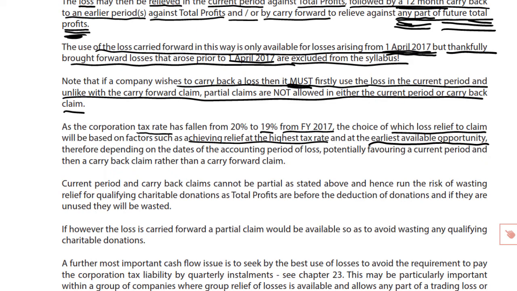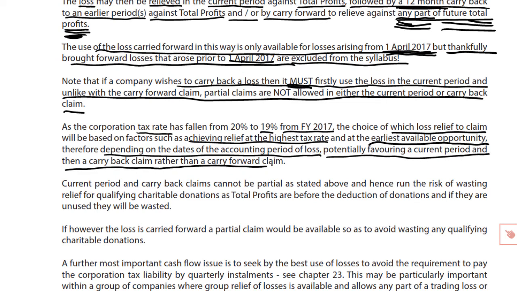That would be money coming back to you now, rather than, say, a carry forward claim that would simply reduce a future year's liability. So again, relief at the earliest available opportunity. Therefore, depending on the dates of the accounting period of loss, potentially favouring a current period and then a carry-back claim rather than a carry-forward claim.